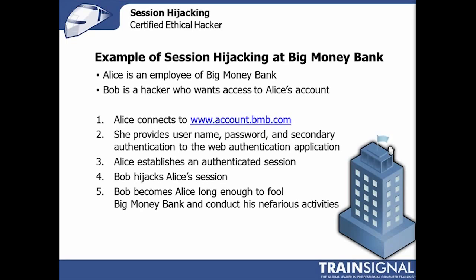She goes through all this rigmarole and actually hooks up with account.bnb.com, convinces it that she is Alice, which is fine. But then if Bob can swoop in and become Alice, either for just a moment or for an extended period, Bob can do whatever he wants without having to re-authenticate. Bob becomes Alice long enough to do some naughty things.